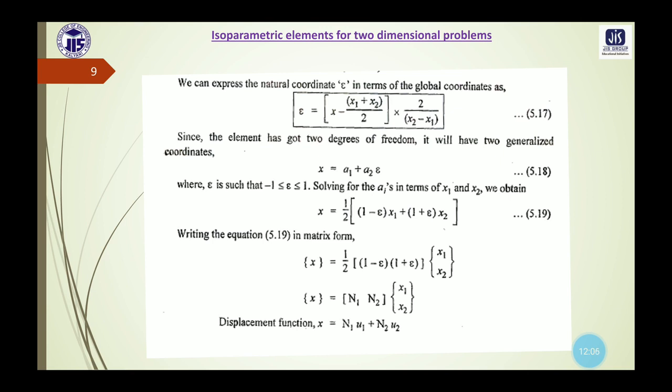So epsilon lies between minus 1 and 1. Now solving a1 and a2 in terms of x1 and x2, we can get x equals half multiplied by 1 minus epsilon into x1 plus 1 plus epsilon into x2, which is our equation number 5.19. After several steps we will get this one.